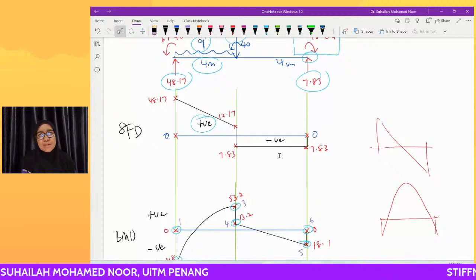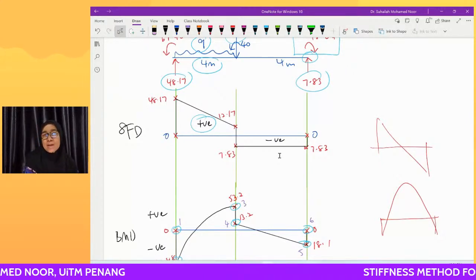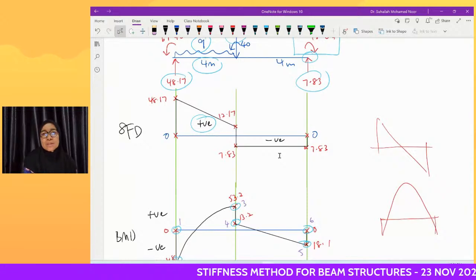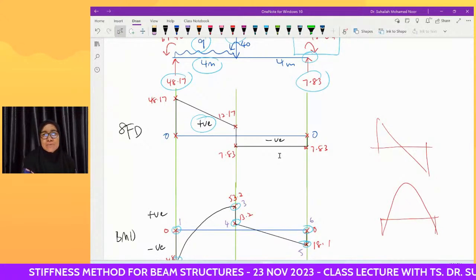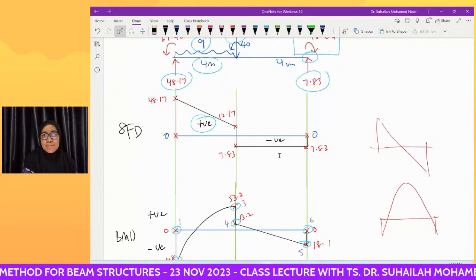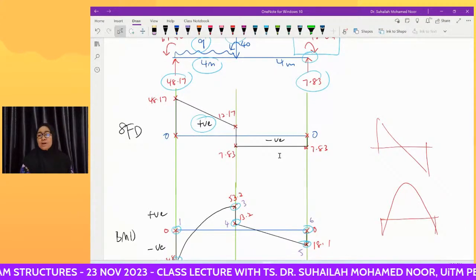After that we will have another week to refresh the stiffness method and flexibility method before the final exam. Okay, that's all for this session.